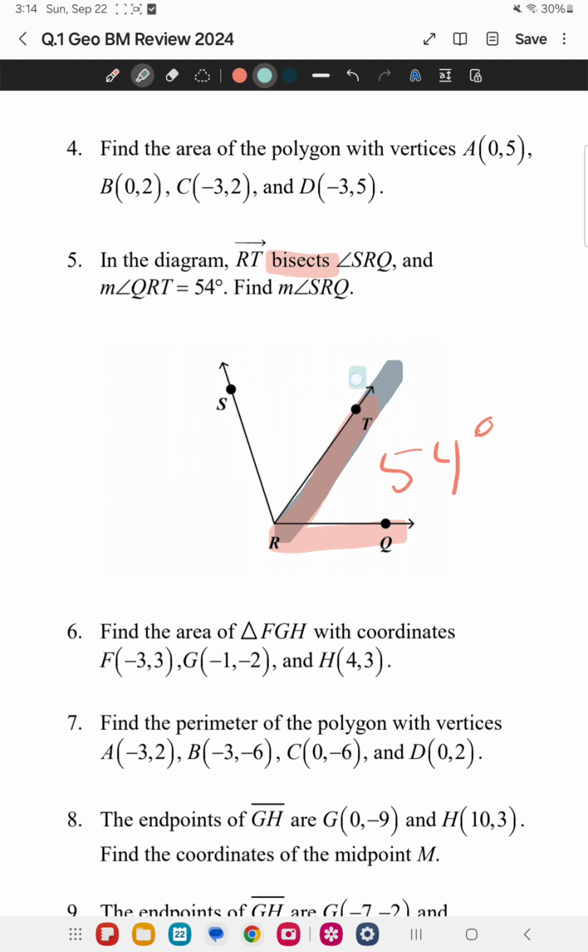So this right here, SRT, is also going to be 54 degrees. And it asked us to find the whole thing. So we know that both parts are 54 degrees, so we add them together, so we get 108 degrees. And that is going to be how we solve that one.